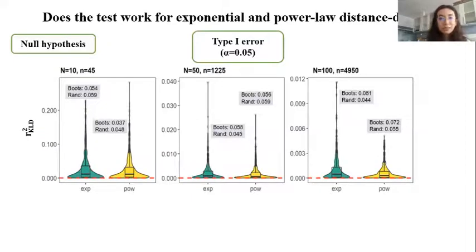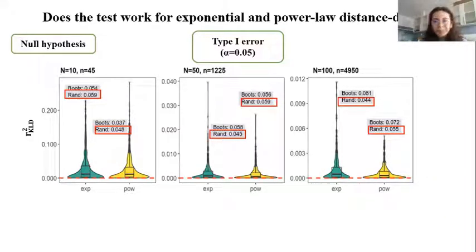And the results were that for the null hypothesis, for the estimation of type 1 error, if we combined the test with row column permutations, under all the different sample sizes, and for both the models, we were able to correct the effect of the pseudo-replication.